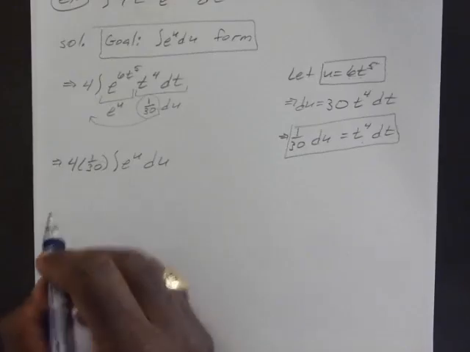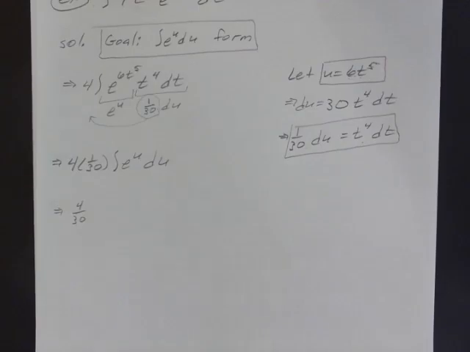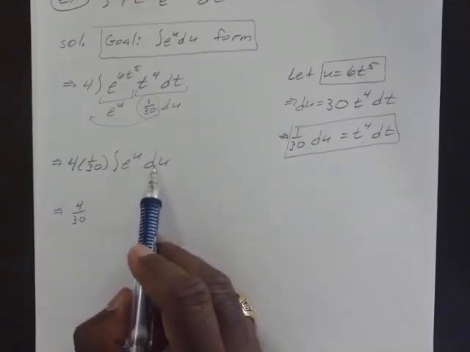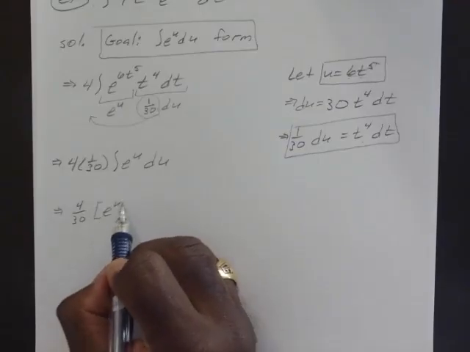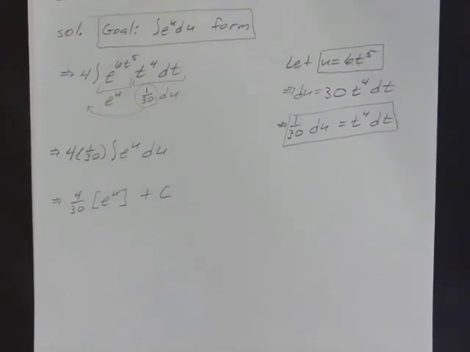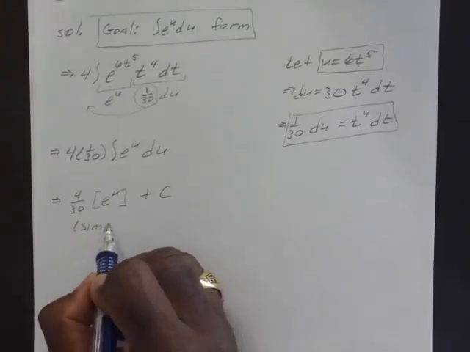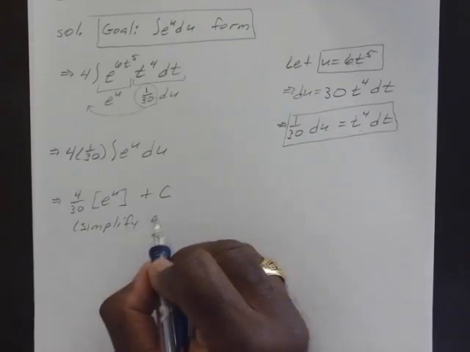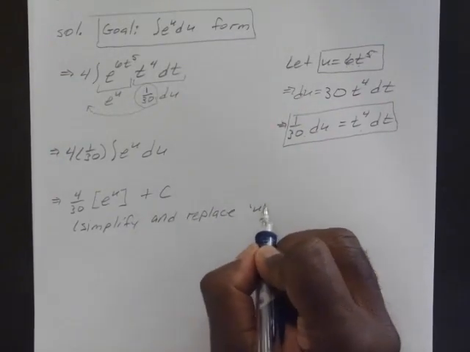Okay, and that 4 times 1 over 30, we can just make that 4 over 30. And the integral of e to the power of u du is just e to the power of u plus c. Now all we have to do is simplify and replace u.